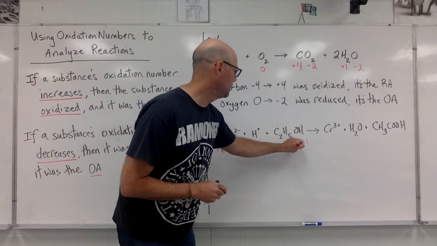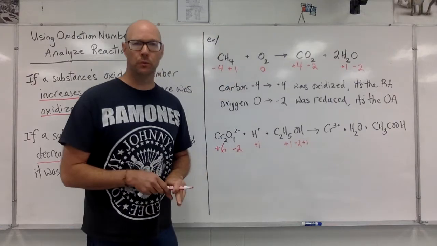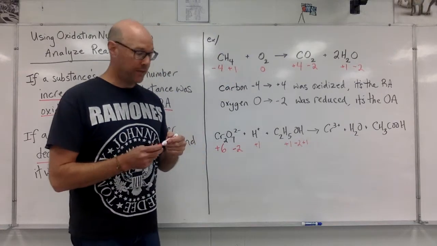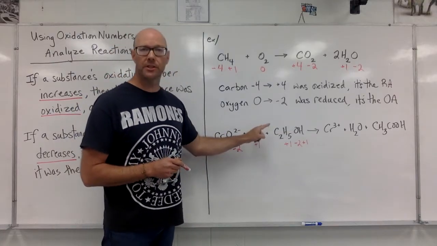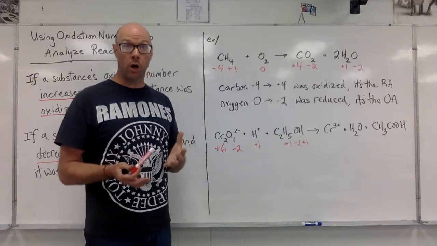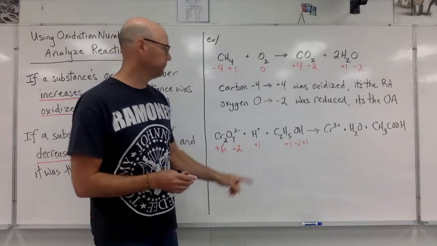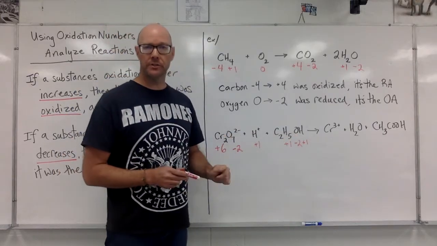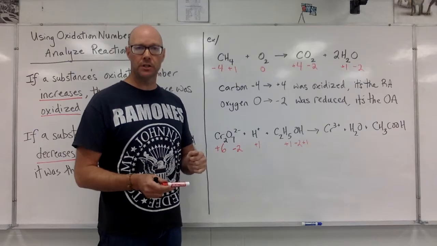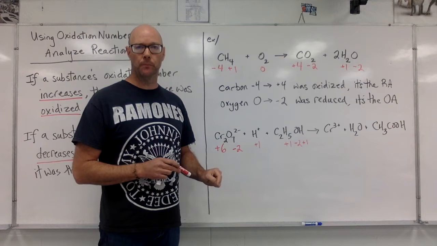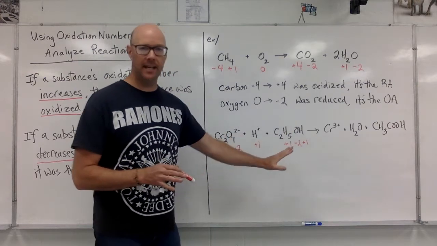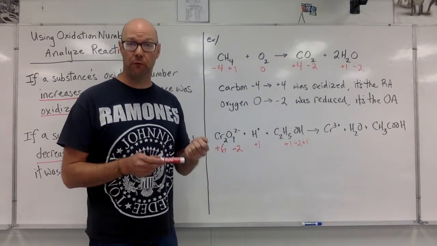Oxygen, -2. The ethanol here does not carry a charge, so these 2 carbons that are involved are going to work out so that this all adds up to 0. There's 6 hydrogens. Each of them +1 makes +6. 1 oxygen at -2. +6 and -2 add up to +4.